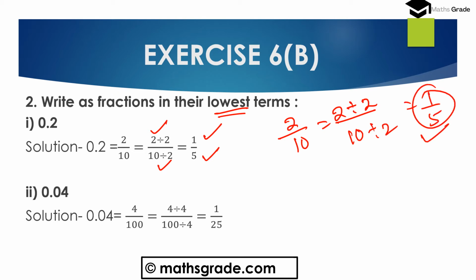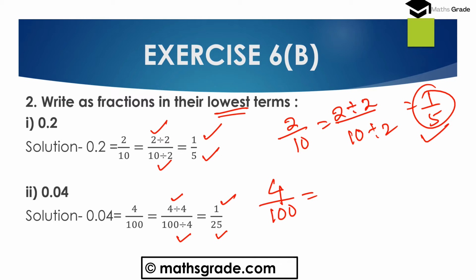Now the second part, 0.04. After the decimal point there are two digits, so we divide 4 by 100. The highest common factor of the numerator 4 and the denominator 100 is 4. Dividing both by 4, 4 divided by 4 is 1 and 100 divided by 4 is 25.